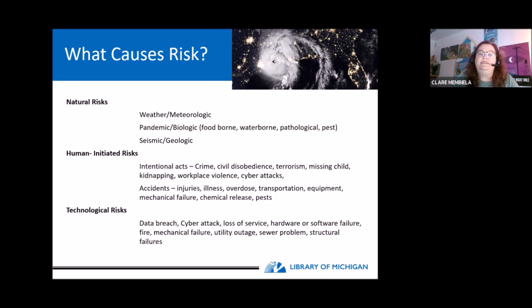Things like cyber attacks, so data breaches, and then you have accidents, which are injuries, things like heart attacks, overdoses.